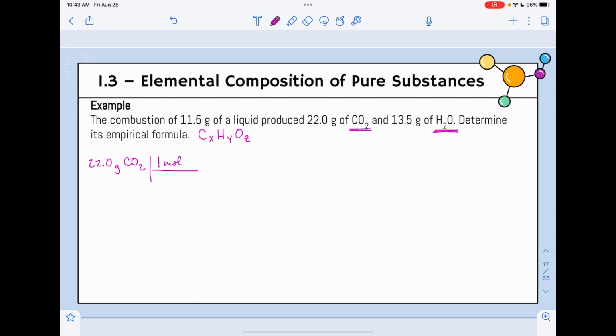So 1 mole of CO2 has a mass of carbon plus oxygen, which is 44.01 grams. And then we really don't care about the CO2. What we care about is the carbon. For every 1 mole or 1 molecule of CO2, we have 1 mole or 1 molecule of carbon, because carbon has a subscript of 1. So for every 1 CO2, we have 1 carbon.